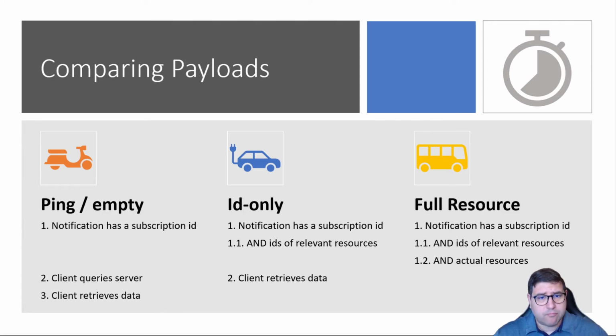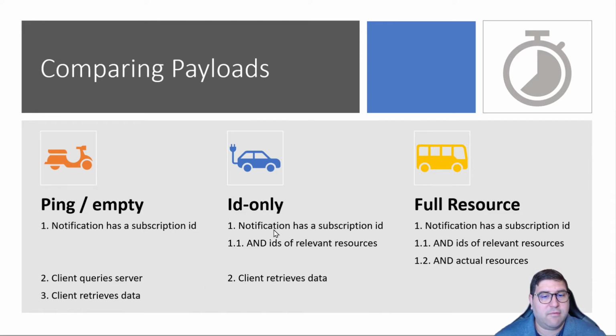So again, just to hash over this, we're blending performance and security. It's that constant tug of war that everyone plays, with performance and usability on one end and security on the other. You can see in the ping, the notification only has the subscription ID, so the client has to query the server and retrieve its data.